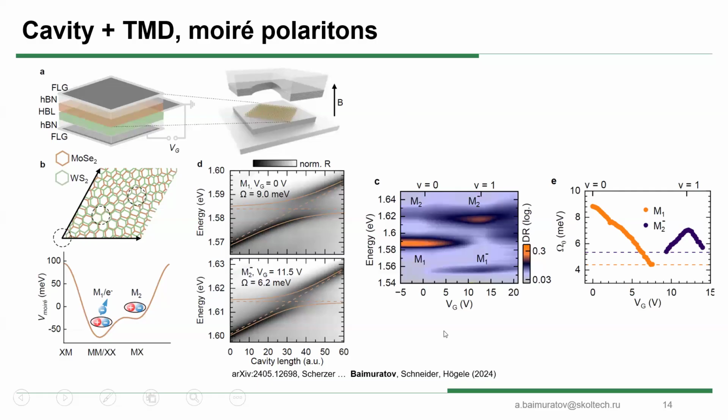On this picture, this is the doping diagonal. Here we have 0 electrons. Here we have 1 electron per Moiré cell. And you see what happens. This is a very important question.